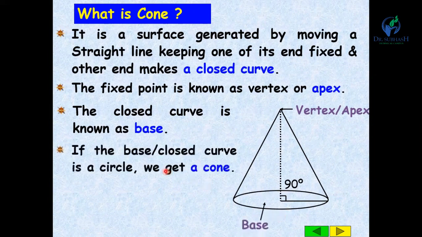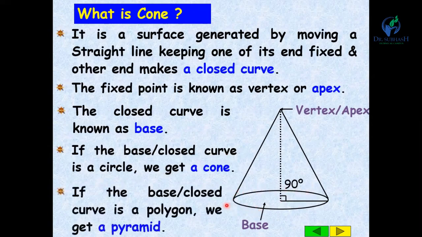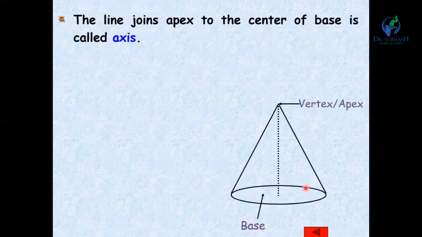If this base or the closed curve is a circle, then we get a cone. Or if the base is a polygon, then we get a pyramid. The line which joins the apex to the center of the base is called the axis.